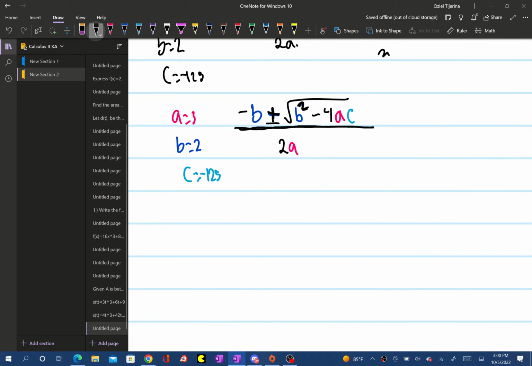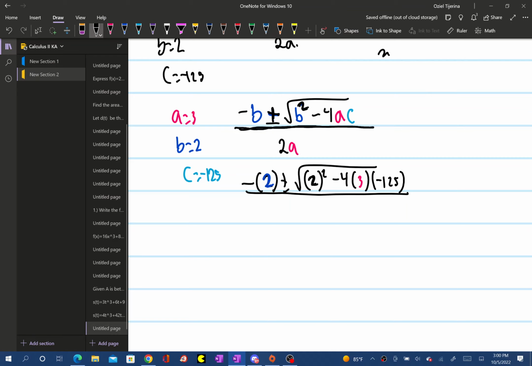So I can say that this is equal to negative 2, then plus or minus the square root of 2 squared minus 4 times 3 times negative 125, all over 2 times 3.